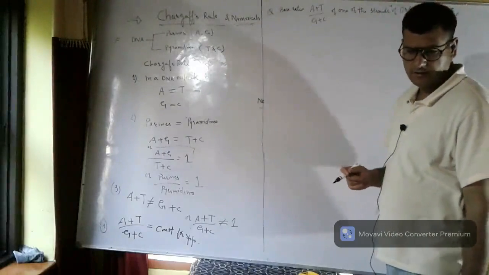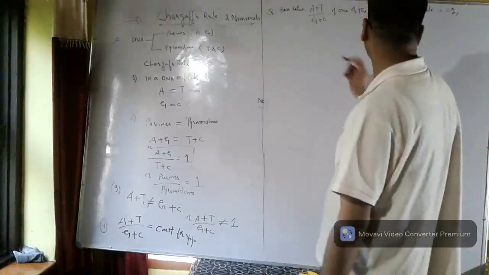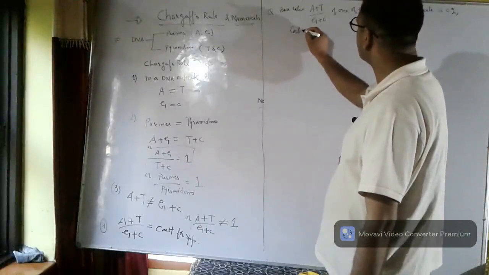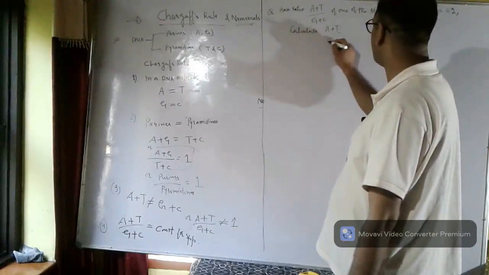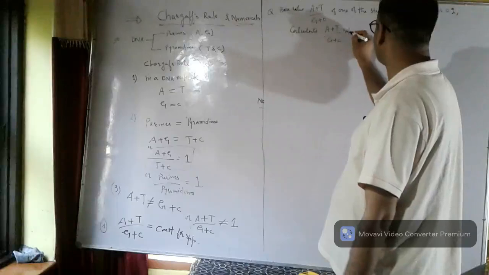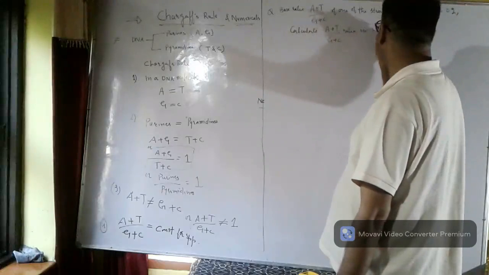Calculate the adenine plus thymine by guanine plus cytosine ratio in its complementary strand.